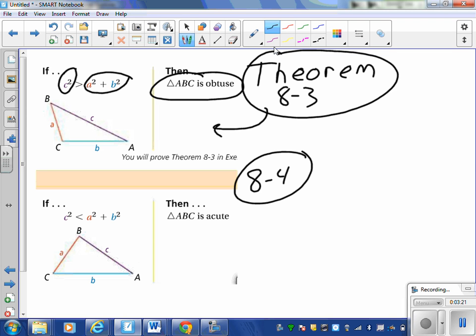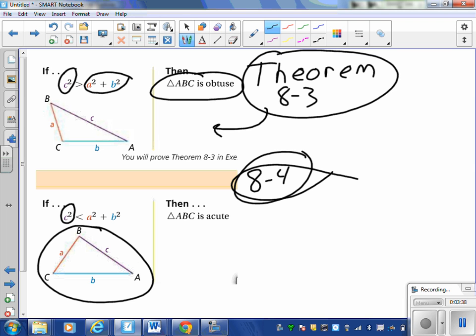Theorem 8.4 tells me that if you have c squared is less than a squared plus b squared, then your triangle is acute. These two theorems will help you in the sections coming up.